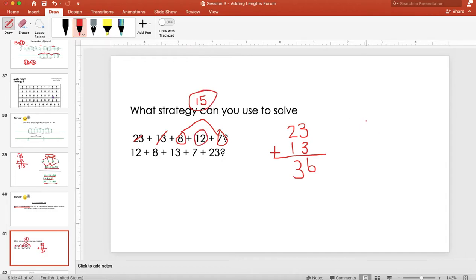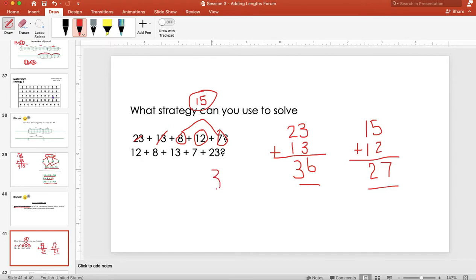So then over here I can stack it like a hamburger. I can break my numbers down, or I can use a number line to do this. 15 plus 12. So 5 plus 2 is 7. 1 plus 1 is 2. Okay, now I've gotten my equation down to just 2 numbers. So then I would just add those 2 numbers together.